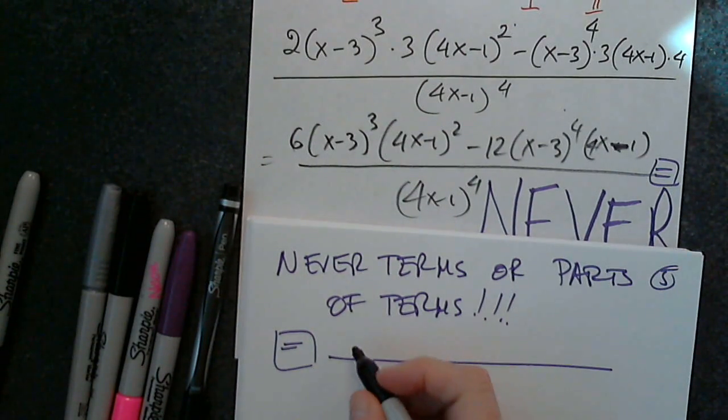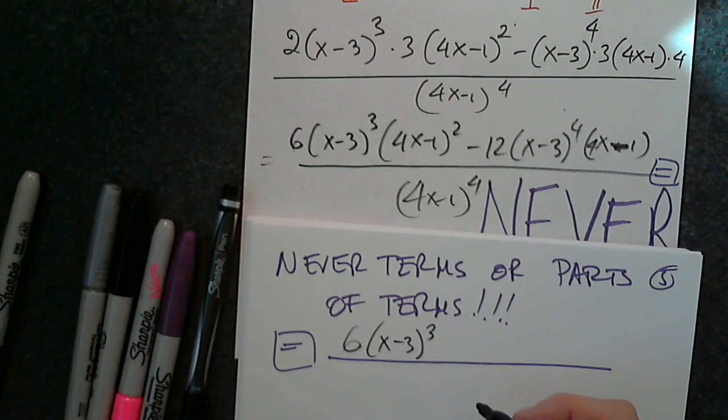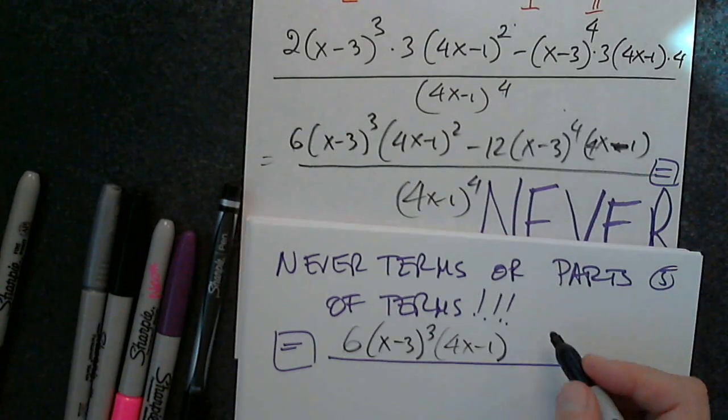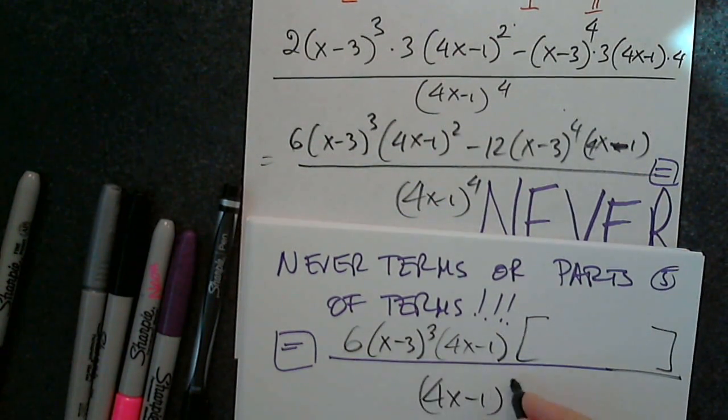Which common factors? Excellent. X minus 3. Excellent. 4x minus 1, to which power? Excellent. Very good. Now I copy 4x minus 1 to the 4th.